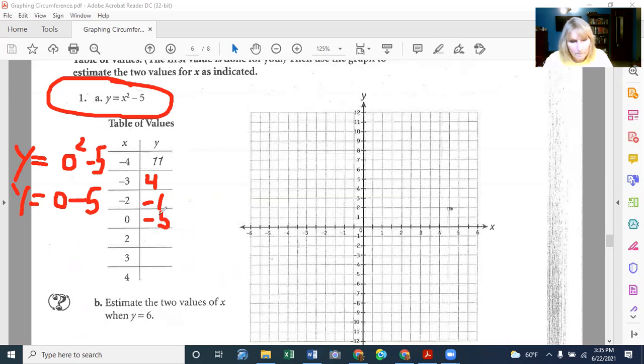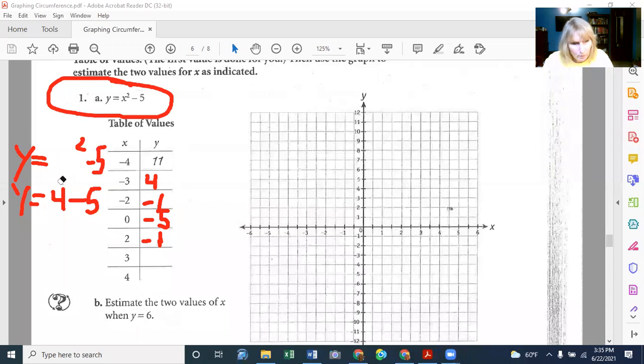Then we plug in 2 squared, because that's the next value for x. 2 squared is 4, and 4 minus 5 is -1. Notice how there are 2 y values of -1 for 2 different x values. That's where the parabola is going to come in.